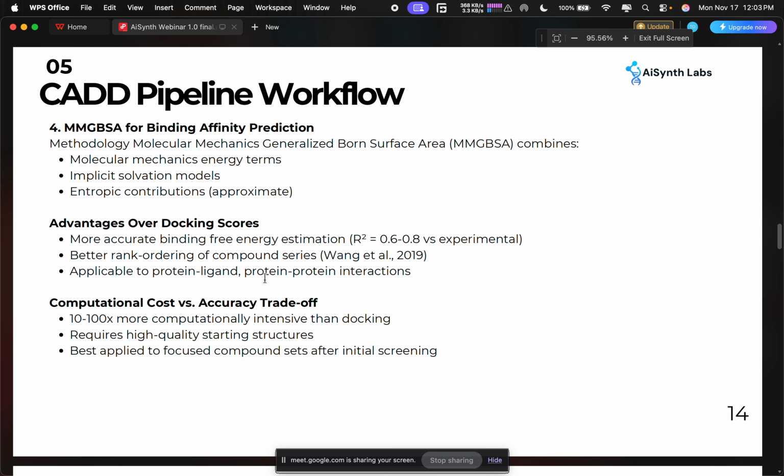Or it might not be a co-crystallized ligand, it might be a standard drug. Let's say, for instance, for GABA receptors, we know benzodiazepines are standard drugs for GABA receptors. So if we have a drug that has a better MMGBSA score, a better docking score than benzodiazepines, we have a very promising candidate that we can move on to the next stage.